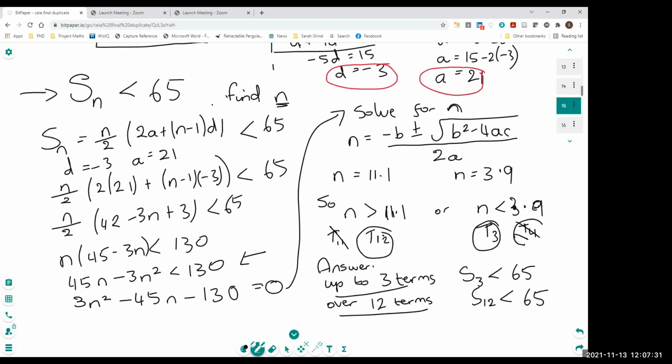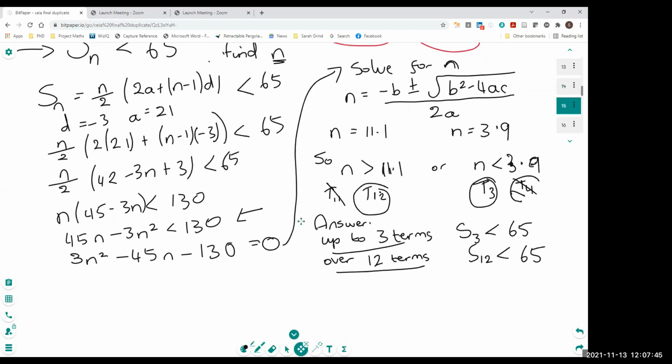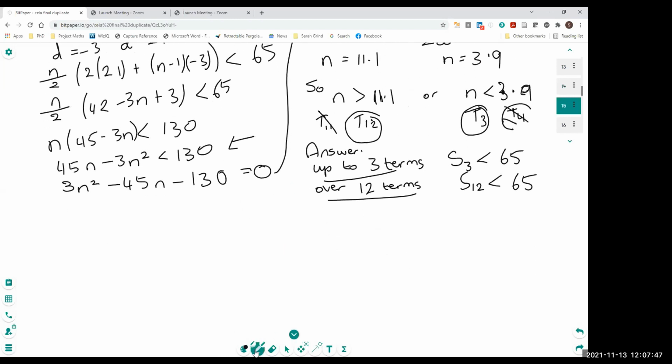And the question is, you're probably thinking, how do you know which one, whether it's greater than 11 or 12 terms, or less than 12 terms? Well, to test it, you substitute in. If you're not sure, get the sum of 3 terms, get the sum of 4 and see what happens.